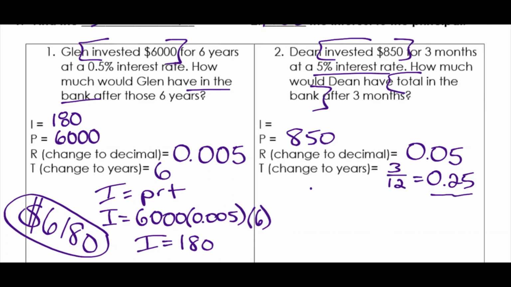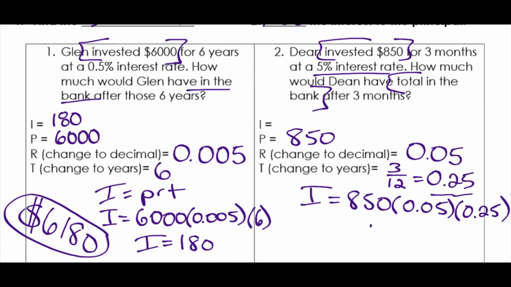So again, the I equals 850 times 0.05 times 0.25. That's going to tell us how much he actually is gaining from interest. That's $10.63. Again, we're rounding to the hundredths place.